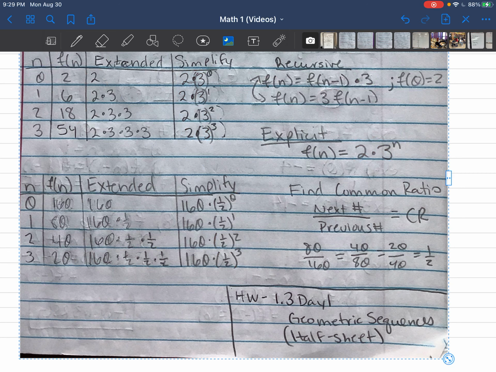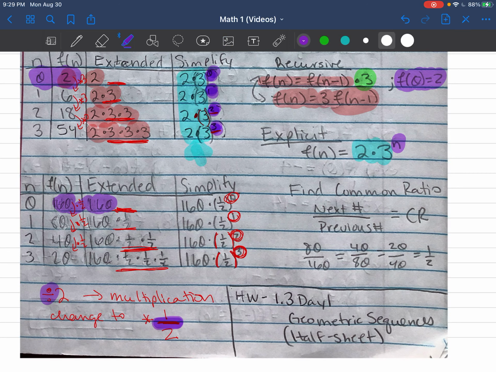So, for example, the next number here is 80, and we divide it by its previous number, 160. Or if you want to do 40 and divide it by its previous number, 80. Or if you want to do 20 and divide it by its previous number, 40. All of those, no matter what you do in your calculator, is going to give you 1/2.